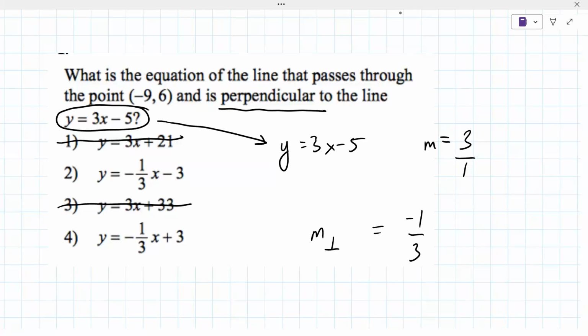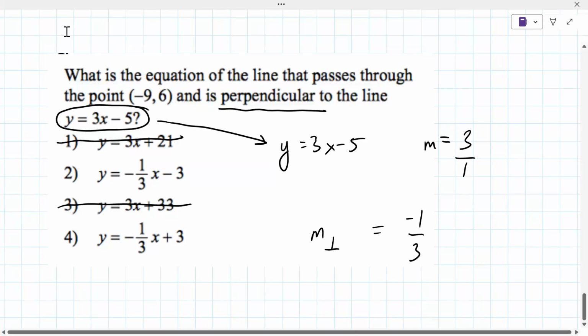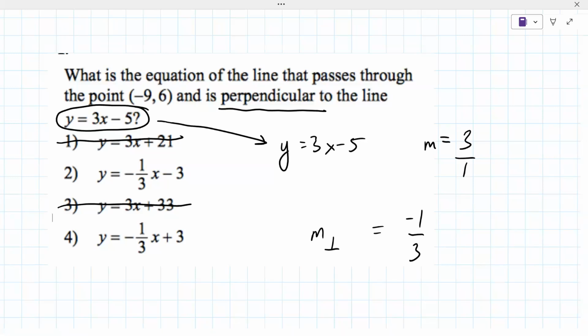Okay. So I'd like you to decide which is the correct answer by using the given point here. See if you can make some sense of that.